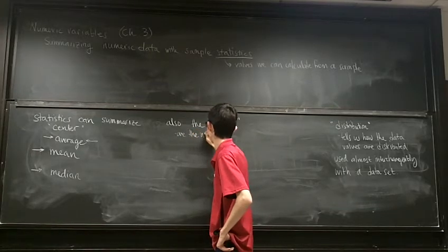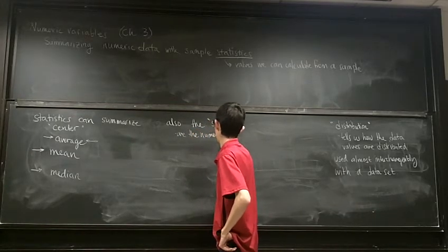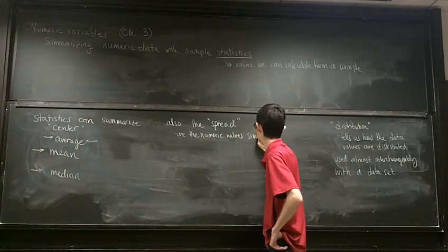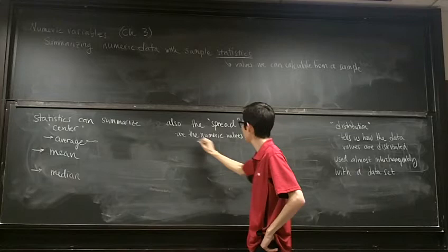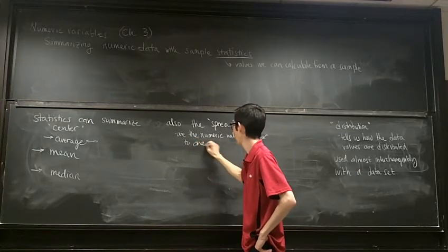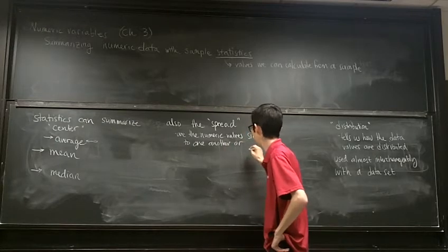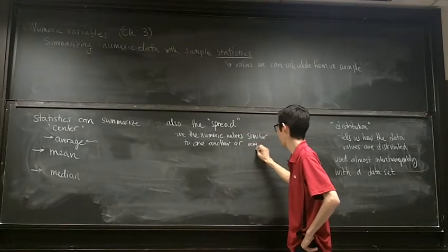Are the numeric values similar to one another or very different?